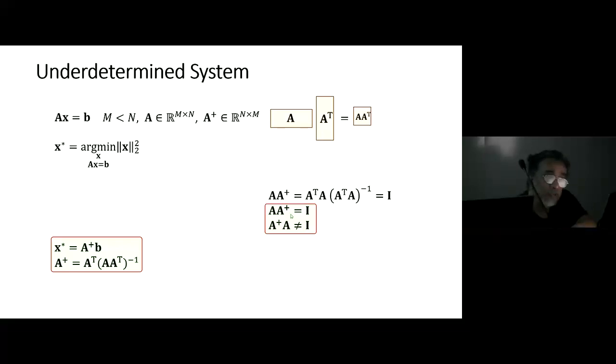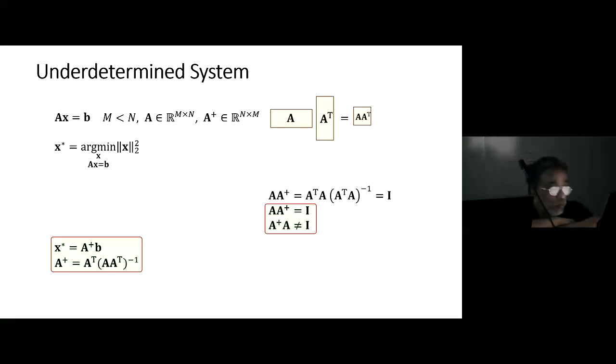In the previous case, for overdetermined systems, A pseudo-inverse times A was the identity matrix. So it's the reverse now. A A pseudo-inverse is the identity matrix, but A pseudo-inverse A would be a bigger matrix. It wouldn't be full rank, so it can never be equal to the identity matrix. Questions?